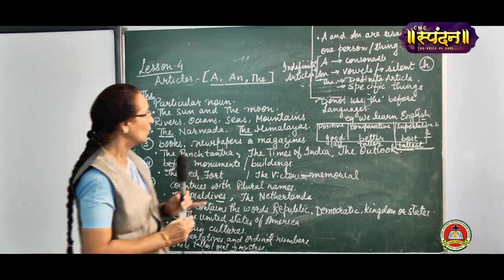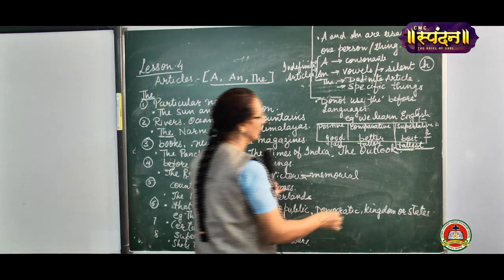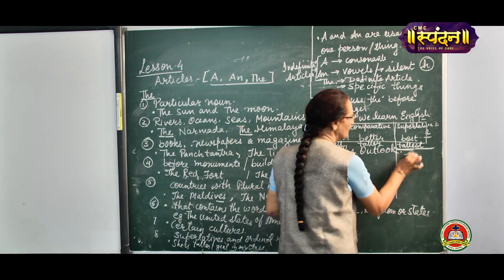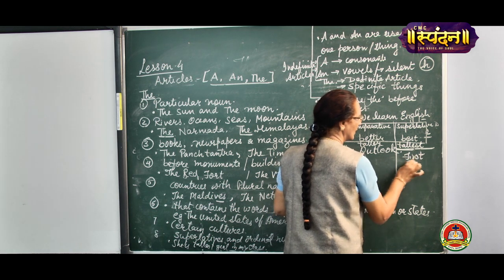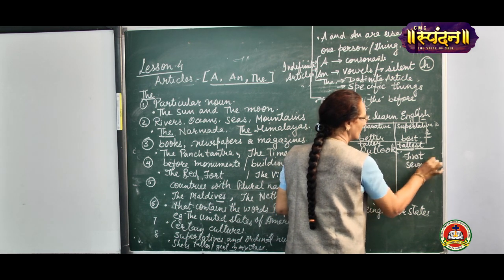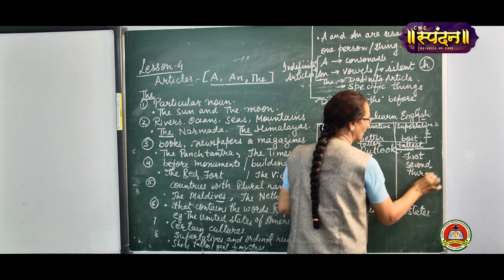Then, what are ordinal numbers? Ordinal numbers are first, second, third, fourth.